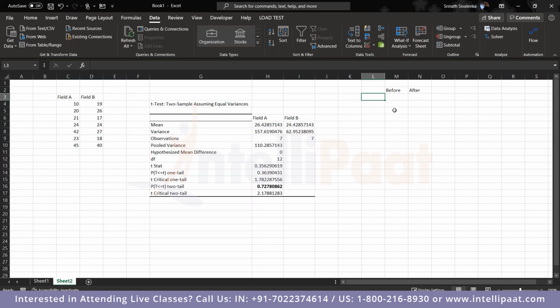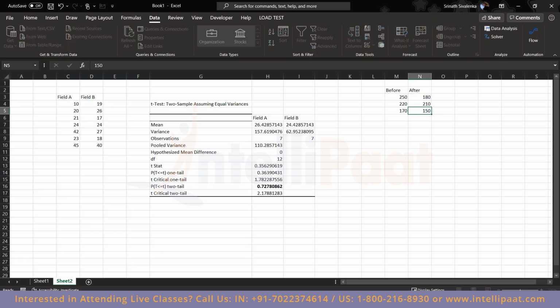Let's say it's a random blood sugar that I've captured. Somebody who's got a 250, and then this is 180, 220, let's say 210, 170, and so on and so forth.